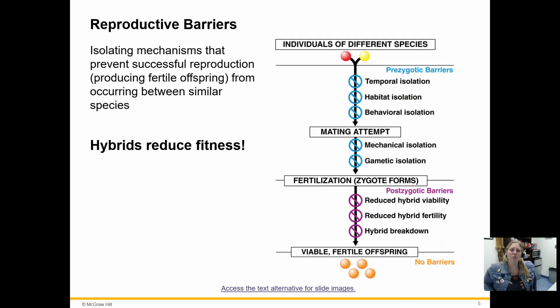Hybrids reduce the genetics of individuals, and a lot of times if we see hybridization happening, it can reduce individuals to basically extinction. One of the common examples of this is coyotes and red wolves. When there are enough red wolves in a population, they do not want to breed with coyotes.